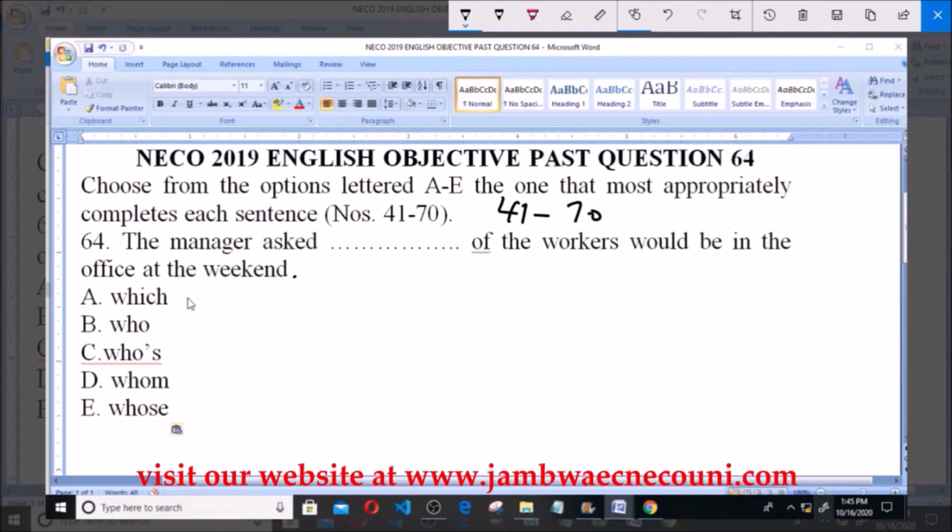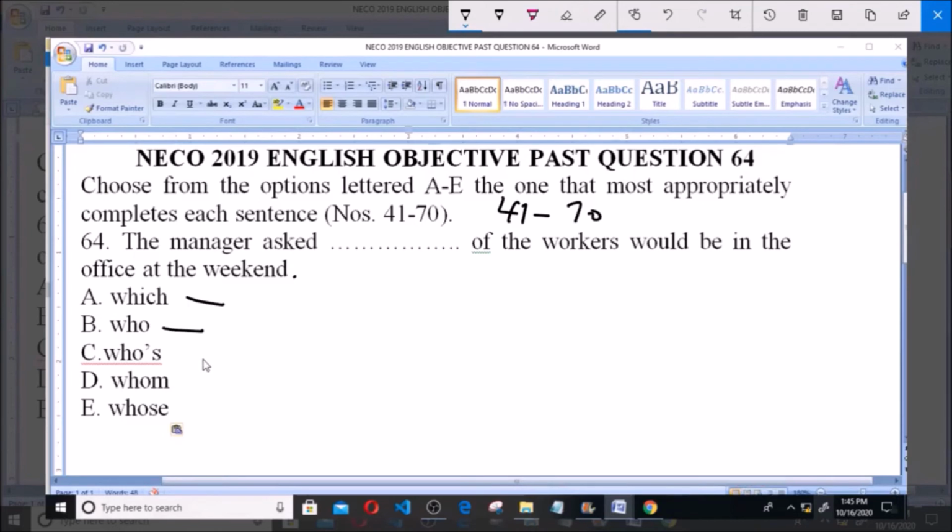A, which. B, who. C, whose. That is who with an apostrophe s. Then option D, whom. The option E, whose.